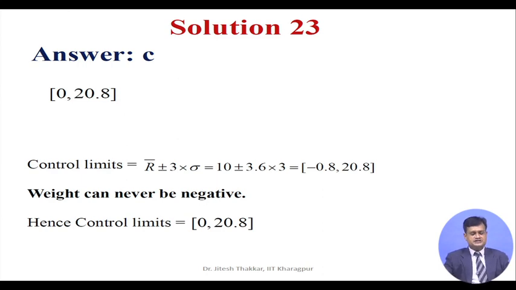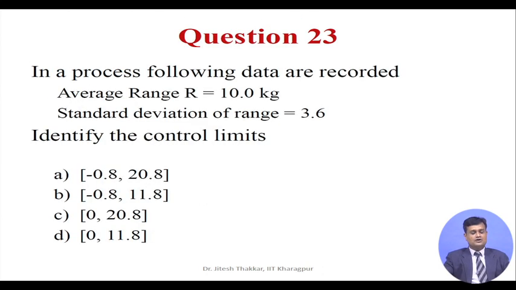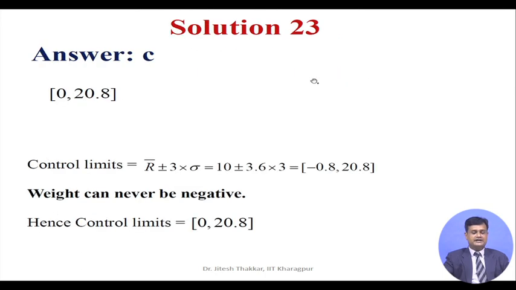You can immediately rule out options A and B because control limits cannot be negative, and you can compute the control limits as R bar plus or minus 3 sigma. So, here the values are minus 0.8, 20.8, but obviously as control limit cannot be negative, hence 0, 20.8, answer C is the correct one.